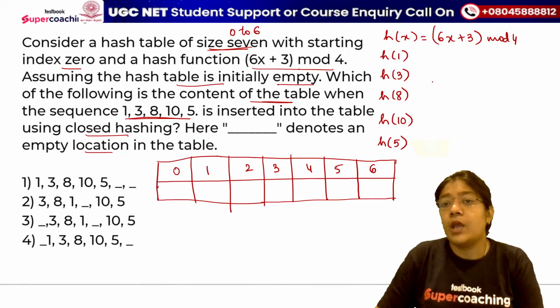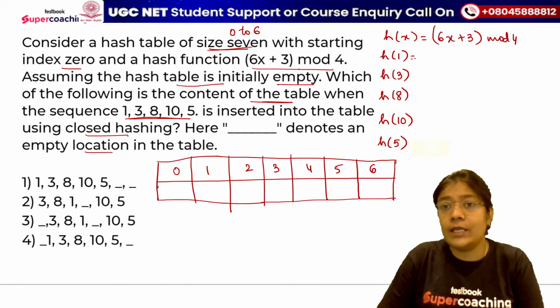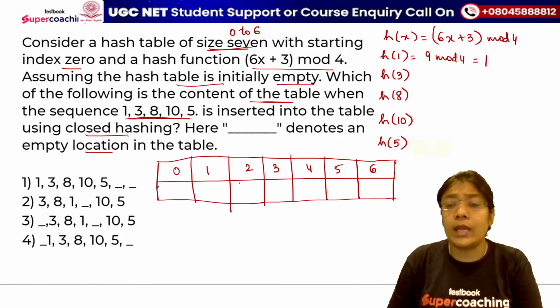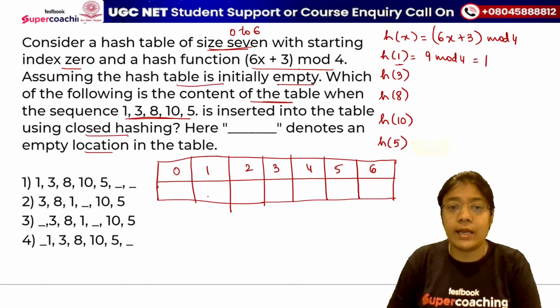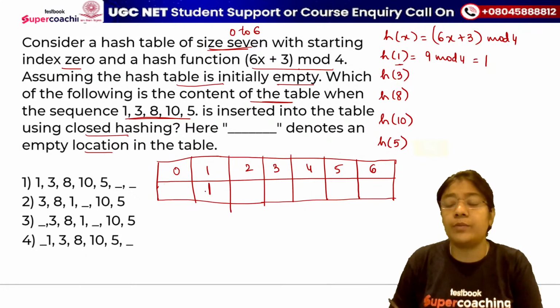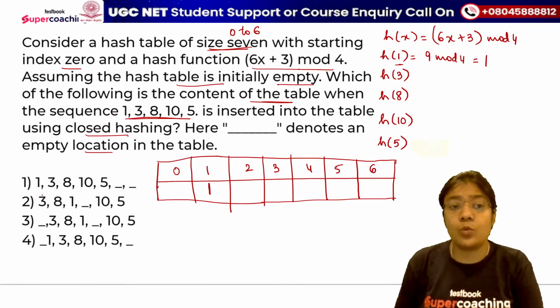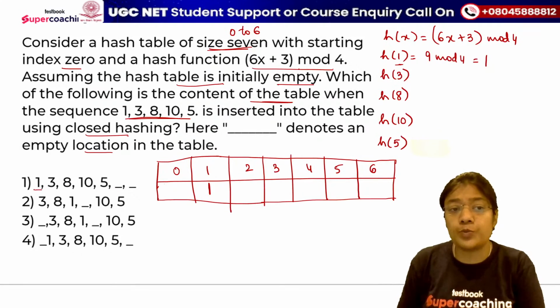So 6 into 1 plus 3 is 9, mod 4 is equal to 1. So key 1 will be at index 1. Right now nothing has come at 0, key 1 cannot be at 0, so option 1 will be eliminated first.